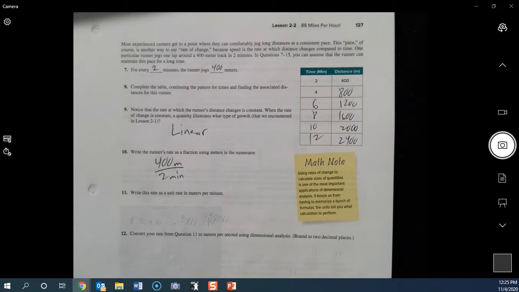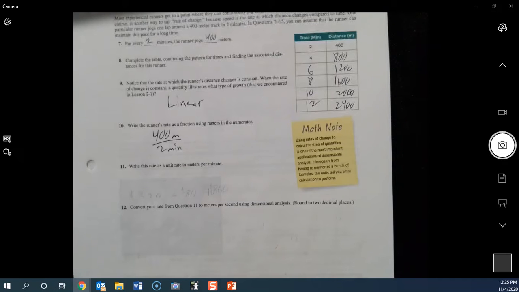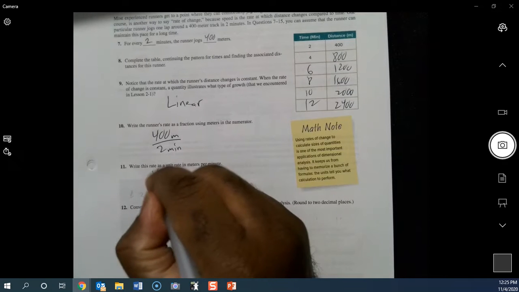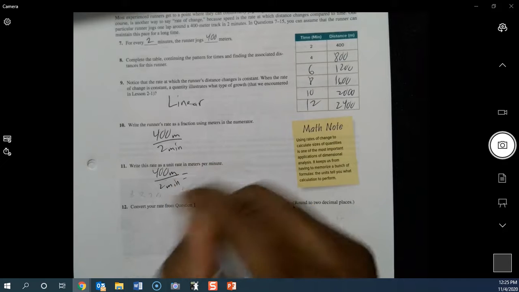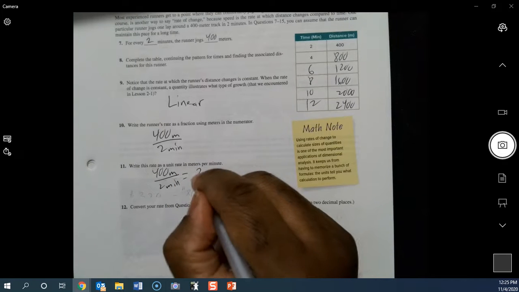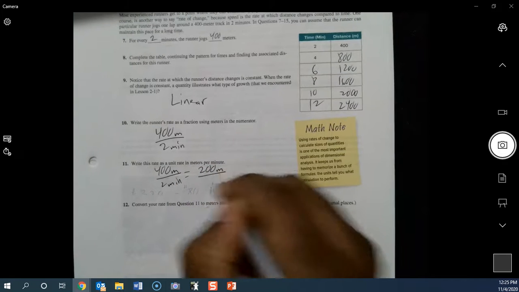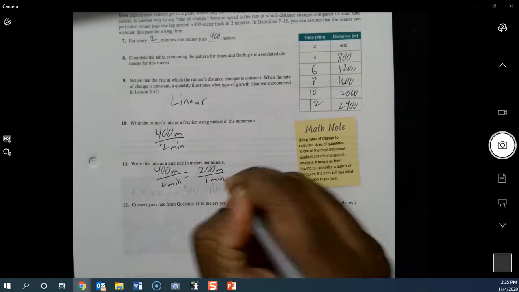This is one of the rare cases where we wouldn't simplify. Because if we go down to problem number 11, this is where we're going to simplify. It says, write this rate as a unit rate in meters per minute. So we would take our 400 meters divided by 2 minutes, and we would simplify that by dividing both by 2. So it'd be 200 meters over 1 minute.